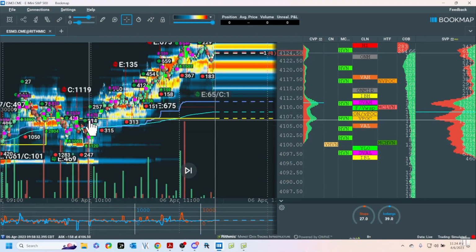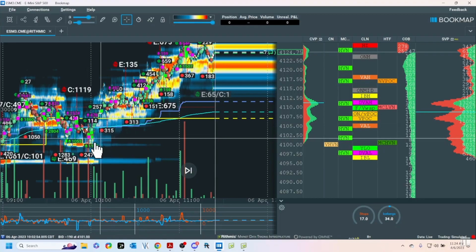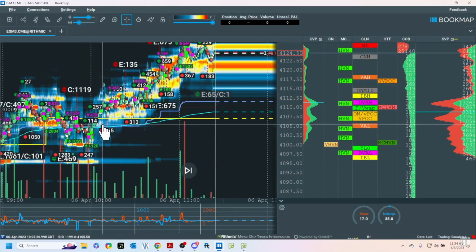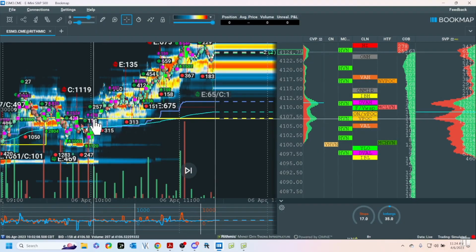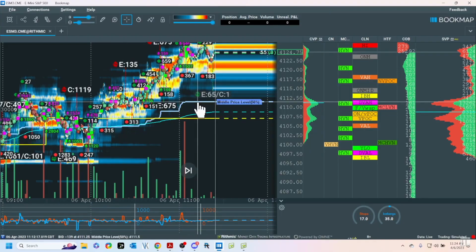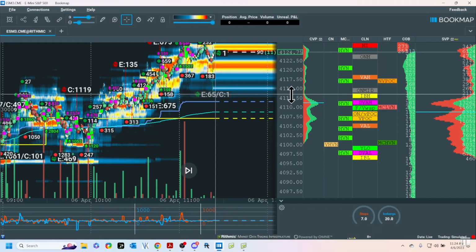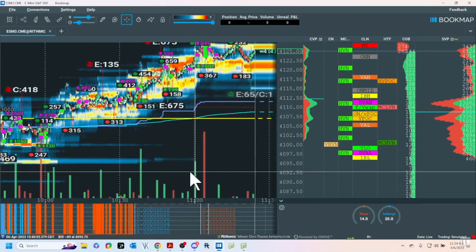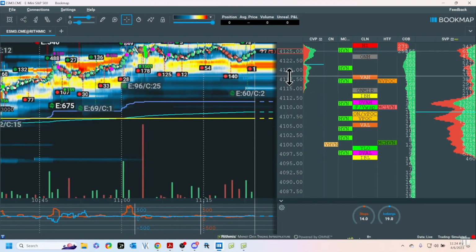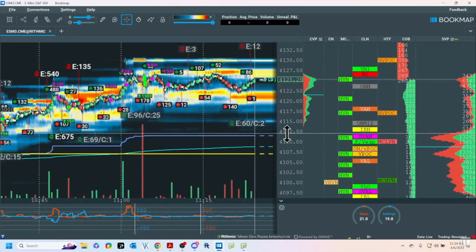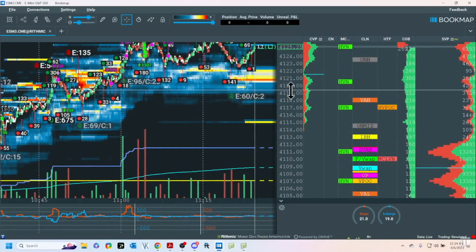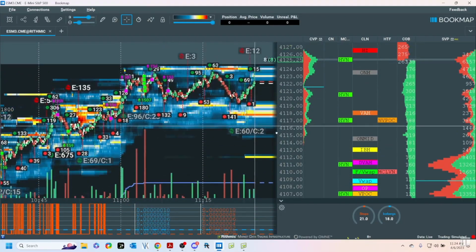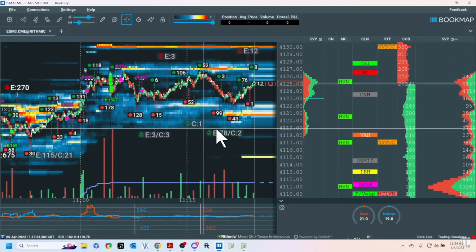This behavior from out here back to here, this is a high volume node in the developing time frame, is the same. Same. That's why fractals. I'm trying to move the screen around, but I think you get the point, right?